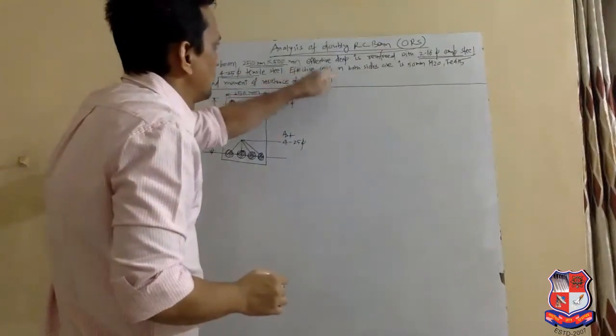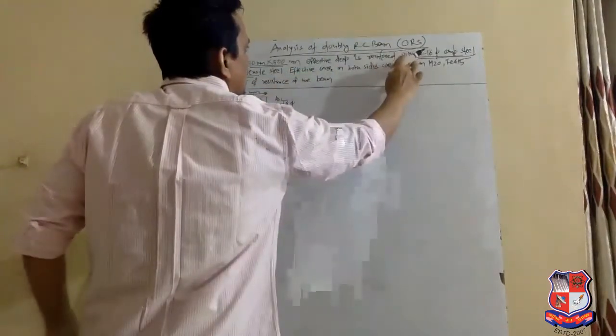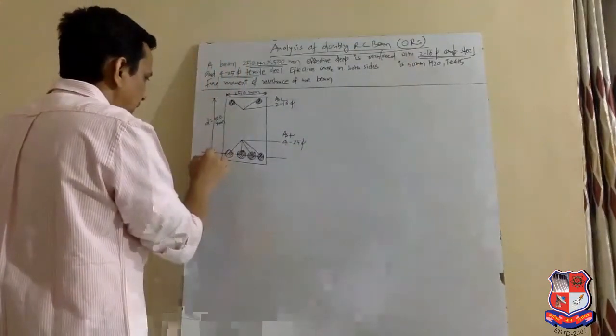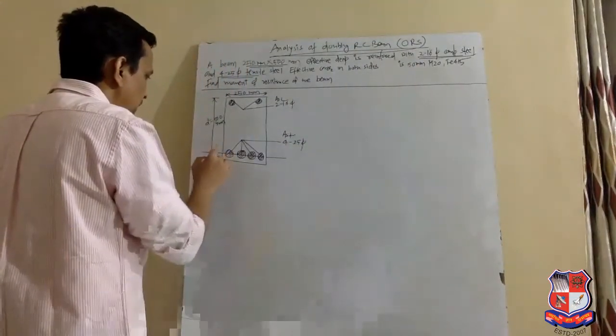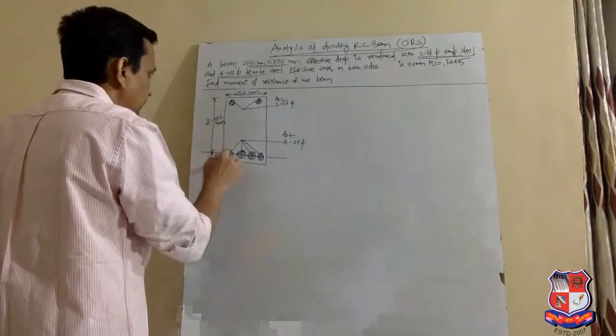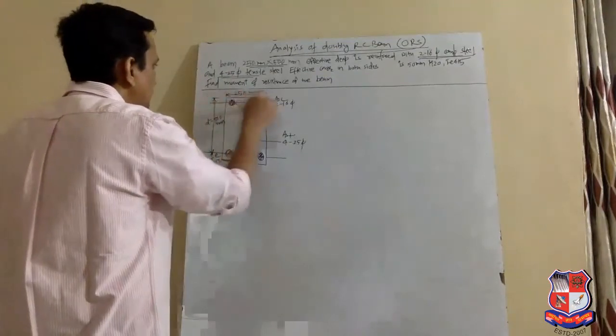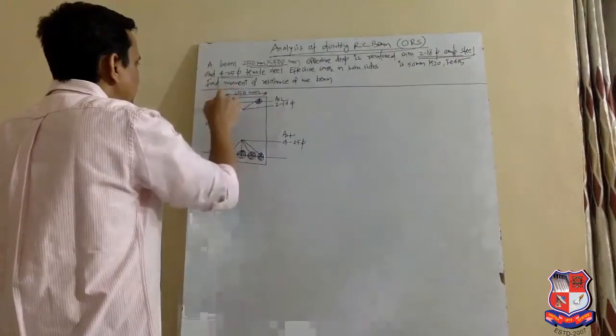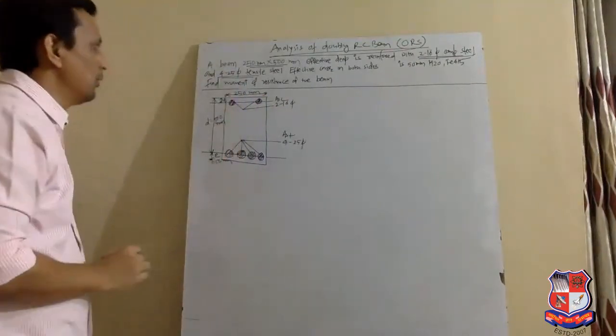Effective cover in both sides is 50 mm. So in tension zone, E is equal to 50 mm, and in compression zone, which is called d dash, is also 50 mm.